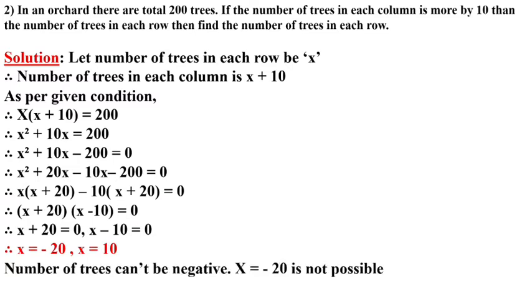The number of trees can't be negative, so x equal to minus 20 is not possible. So what will we take? x equal to 10. We assumed the row to be x, and x came 10. The number of trees in each row is 10.